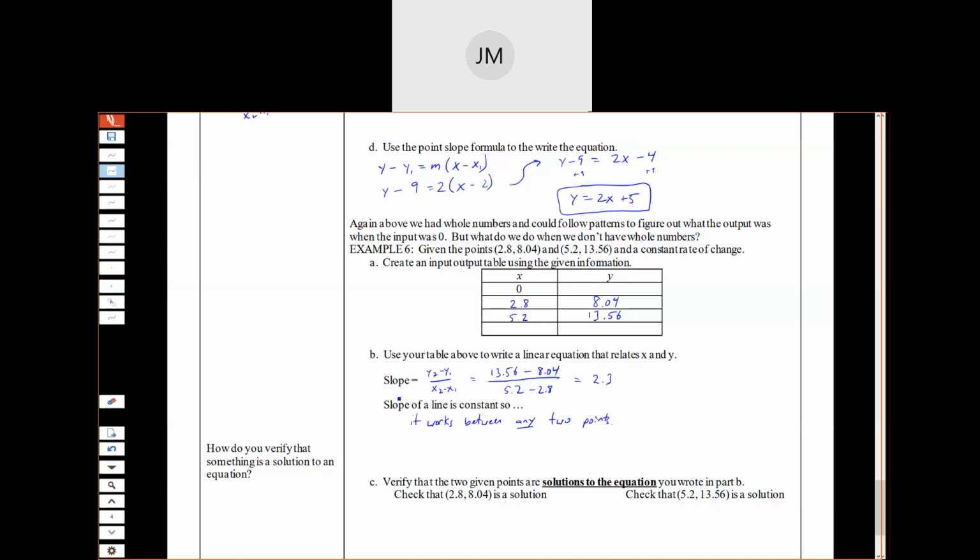Okay, so I could find this value by using my slope formula, but what we did before is we used that point slope equation, y minus y1 equals m times x minus x1, to just find the equation of the line, right? So that's what I'm going to do. I'm just going to fill in here. So y minus, and I'll just pick one of these, 8.04, okay, equals my slope, x minus, since I picked 8.04, I have to pick the x value that goes with it, 2.8.